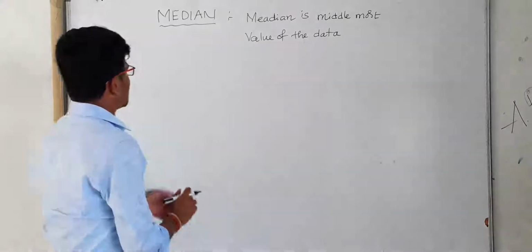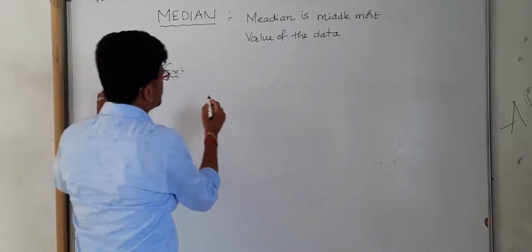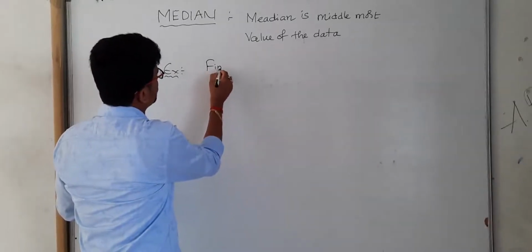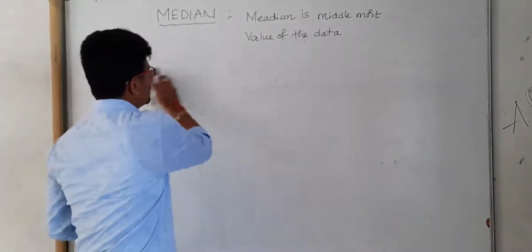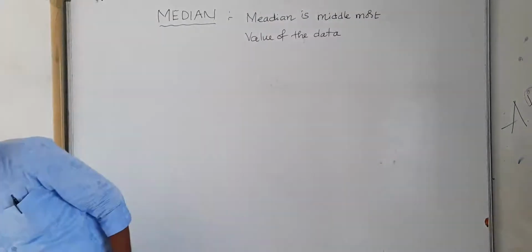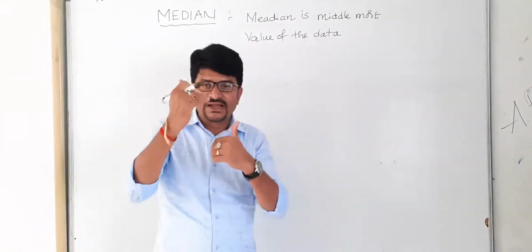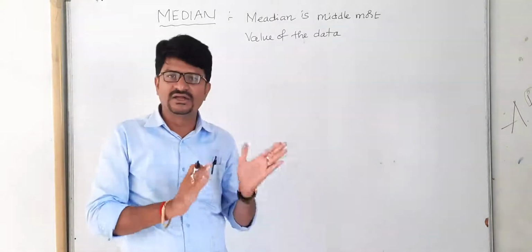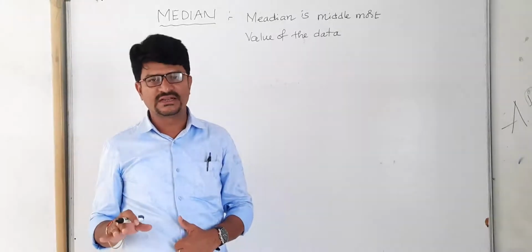Let me explain one example. Before that you must know two properties of median. While finding median, first you must arrange the given data into either ascending order or descending order. Clear, children?